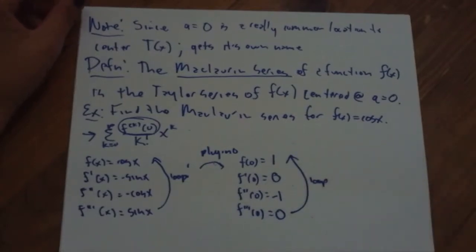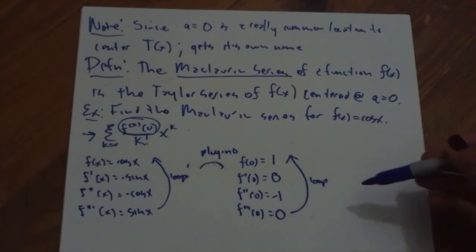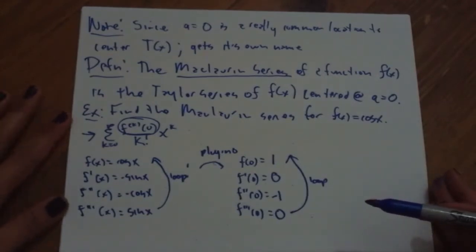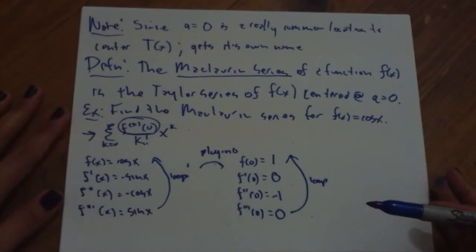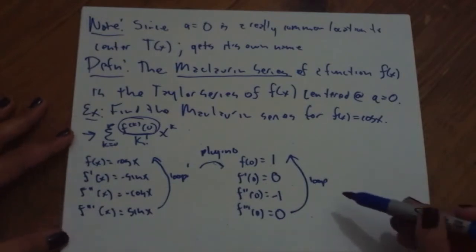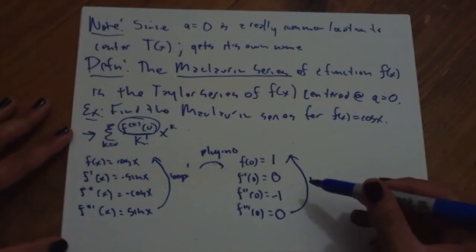Okay? Now, the last couple of examples that we did, we had a nice explicit formula that we wrote out for f of k of 0. Sometimes it's not easy to come up with a nice explicit formula. So what I might suggest here is let's see if we can actually write this out for the first couple terms, right?